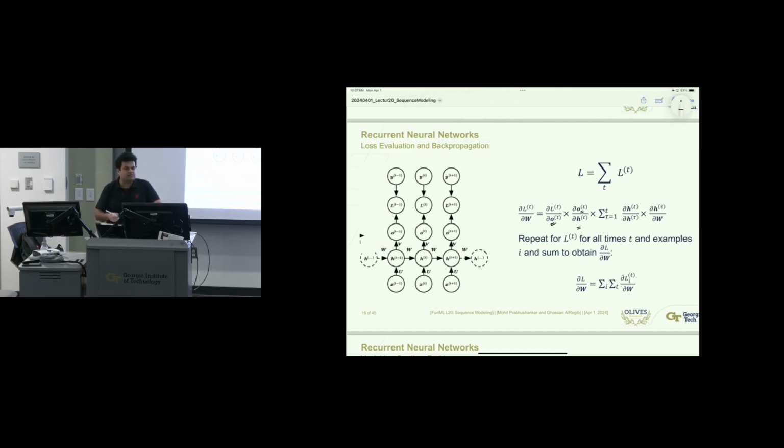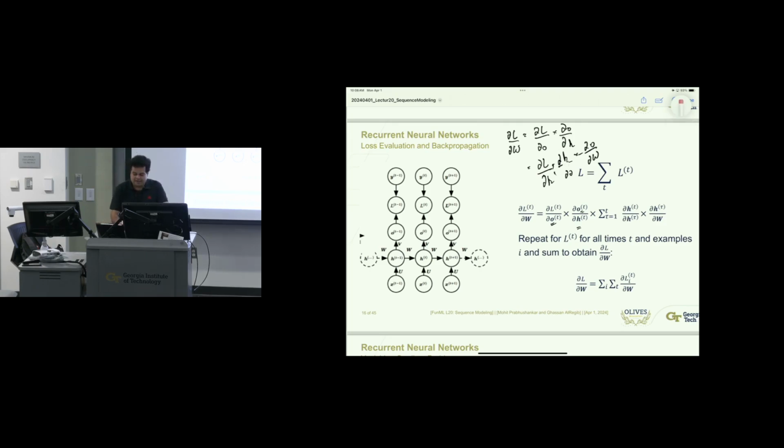So if we were doing this very simply with CNNs, dou L by dou W would be something like dou L by dou O multiplied by dou O by dou H, which would then be dou H by dou W. Sorry, I need to do H first. Dou L by dou O multiplied by dou O by dou H multiplied by dou H by dou W. So dou H by dou W we're going to get by doing this.